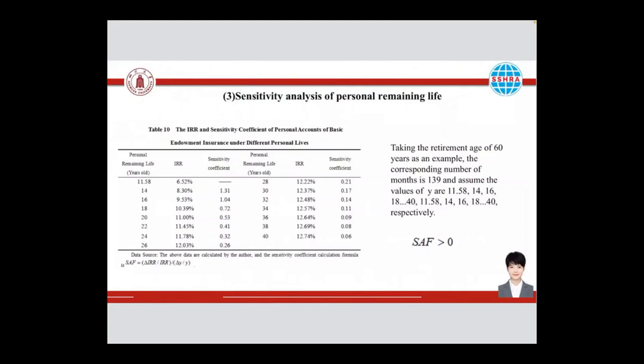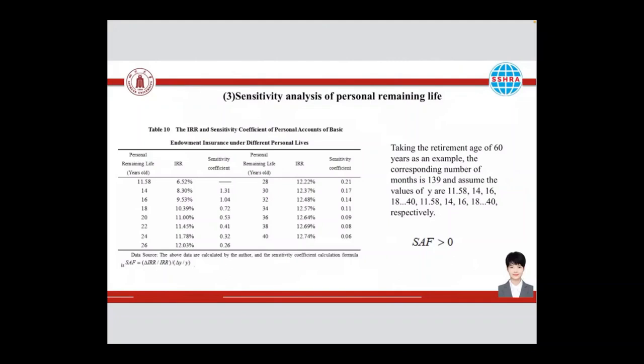The difference of individuals' remaining life leads to the difference of patient income. According to the reform decision, the balance of basic patient individual accounts can be inherited if the insured person dies.